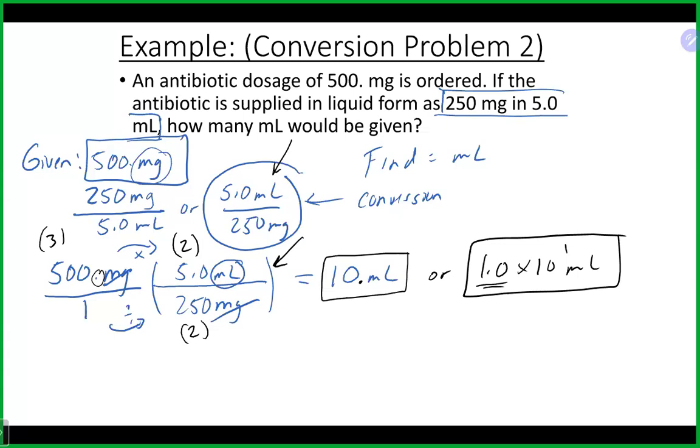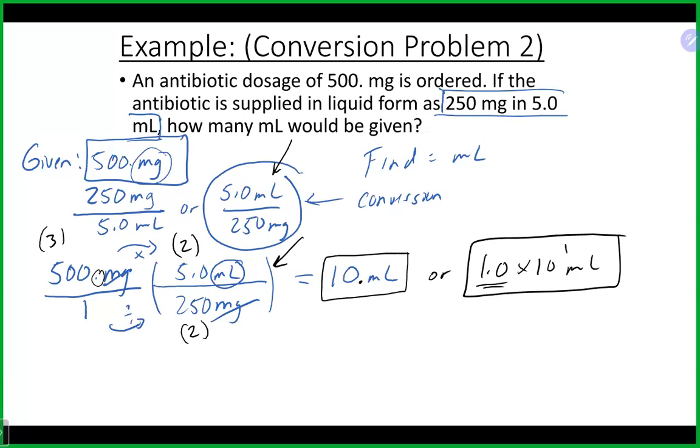Correct. So if you have a conversion factor that comes from an exact equality, you would not use it for significant figures. Most of the time, 90 some odd percent of the time, maybe even 98% of the time, the conversion factors you come across will be a metric to metric conversion.